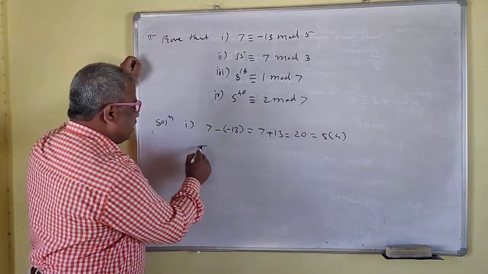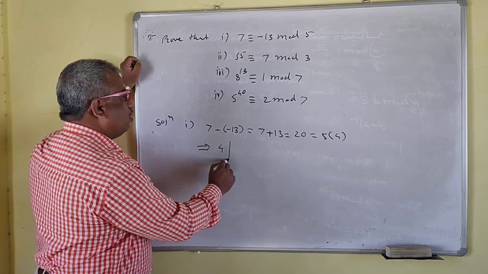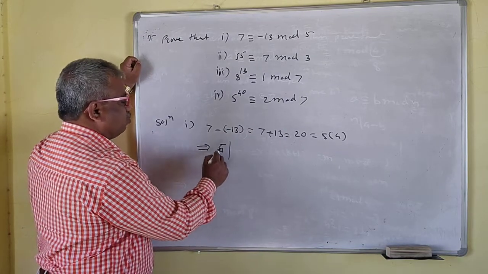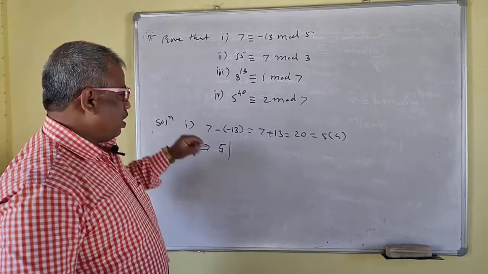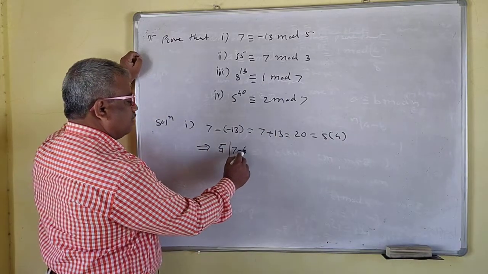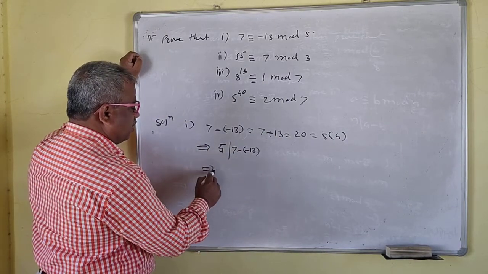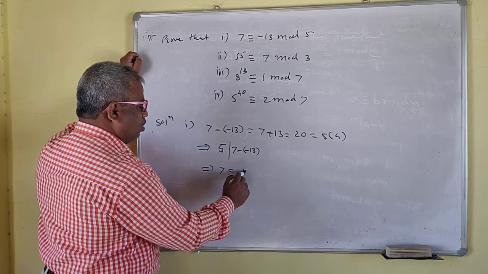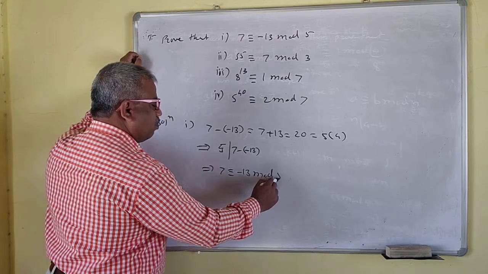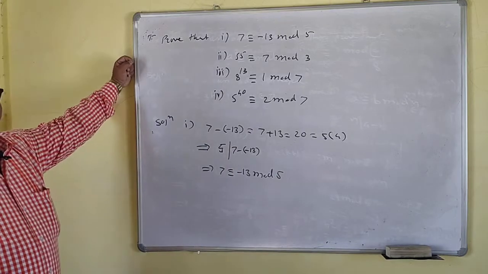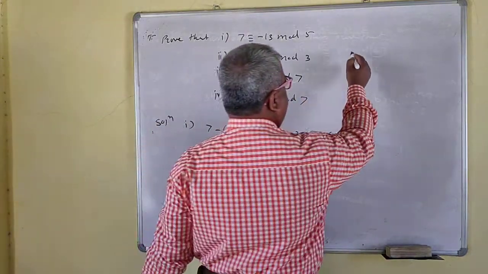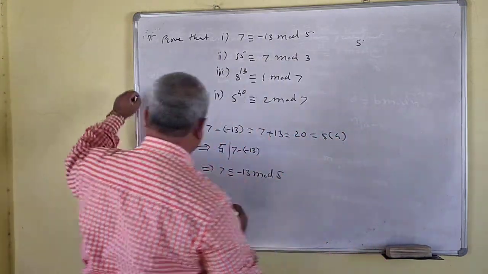So this implies that 5 divides 7 minus minus 13. So this implies that 7 is congruent to minus 13 mod 5. Over.